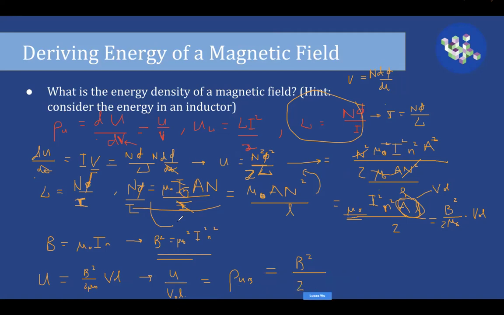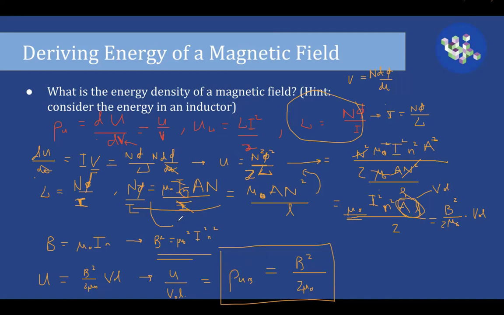You can see it's a really simple expression that we got from a lot of messy math that we did with the energy of an inductor. The derivation was messy, but the final result was really nice and clean. And it turns out that even though our derivation was just for an inductor, this formula for the energy density of a magnetic field is true for all magnetic fields, not just the field created by an inductor.